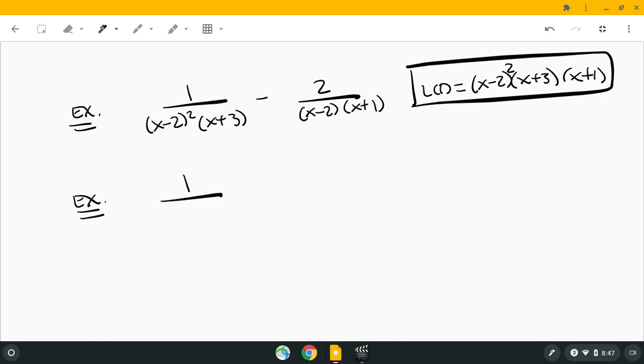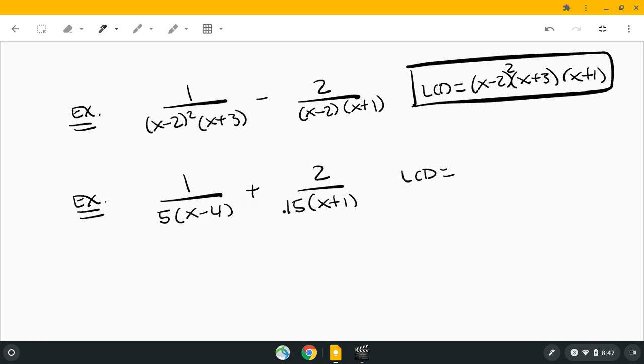Suppose you have 1 over 5 times x minus 4, plus 2 over 15 times x plus 1. Again, we list our factors here. When you have numbers, you treat it just like a numerical fraction and find the LCD between the numbers.